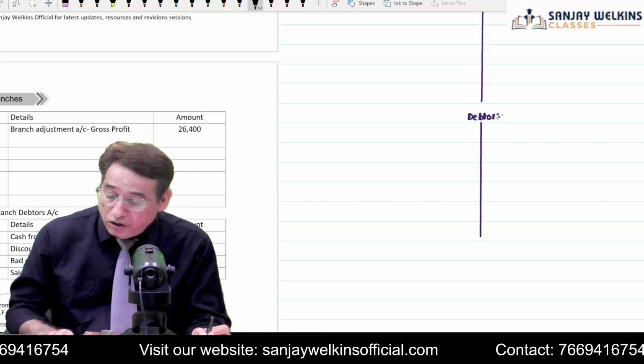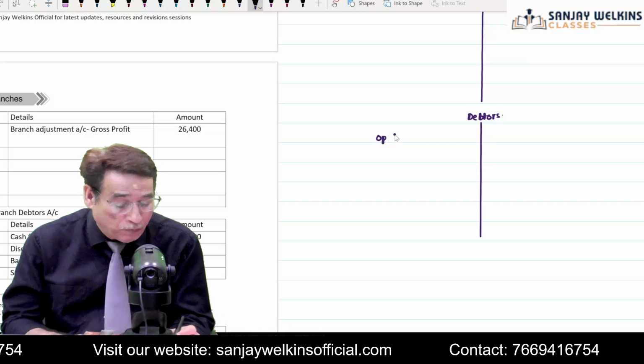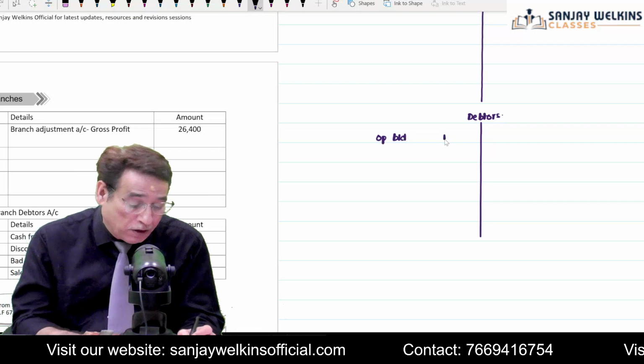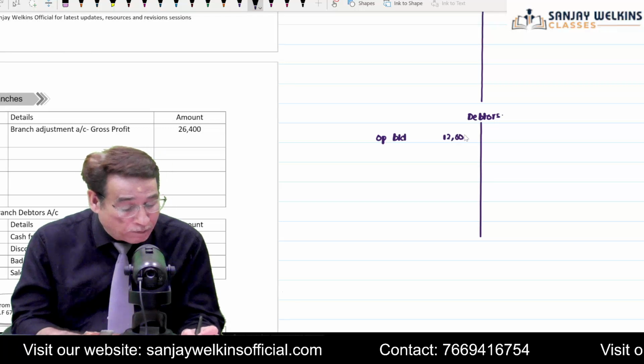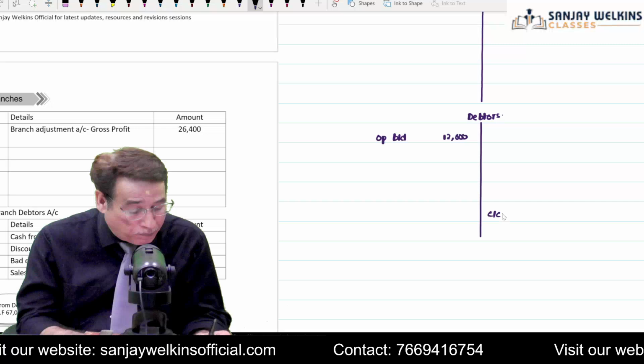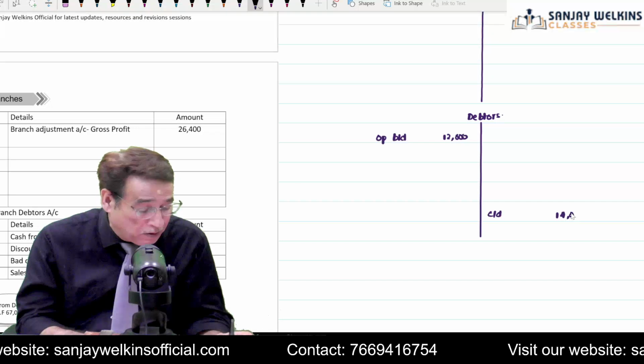Now in this question, the first information is opening debtors. The opening balance of the debtors will be written only in the debtors account in this system, because we are not preparing a branch account. Likewise, the closing balance of the debtors, 14,000, will also be put in the debtors account only. Nothing else is needed.